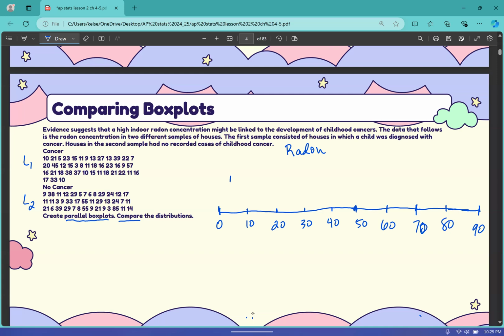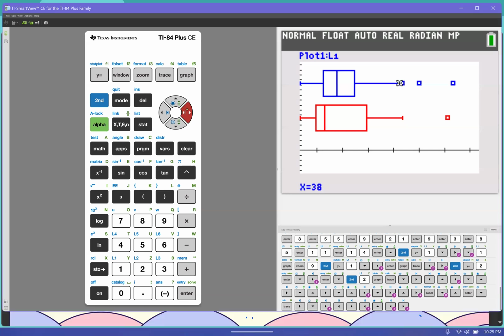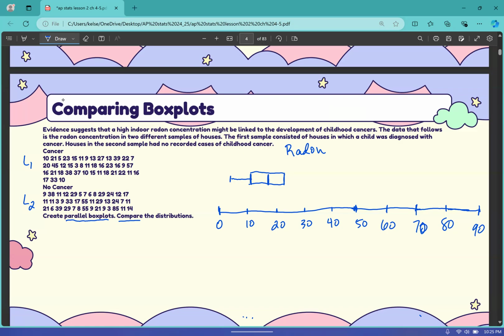So 11, 16, and then 22. And again, you try to do the best you can on that. And the whisker connected on there. And then our whisker went up to 38. And then we have our outliers at 39, 45, and 57. So 38 is our whisker.